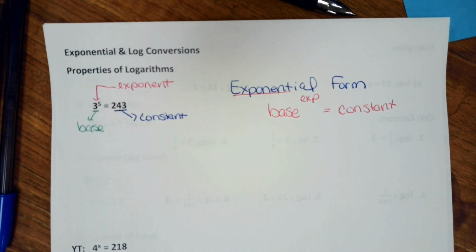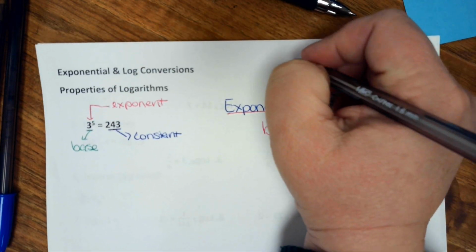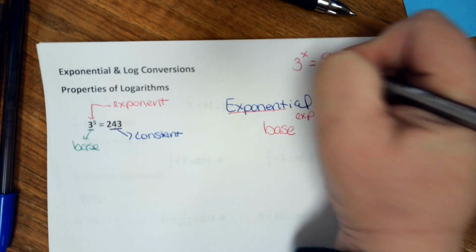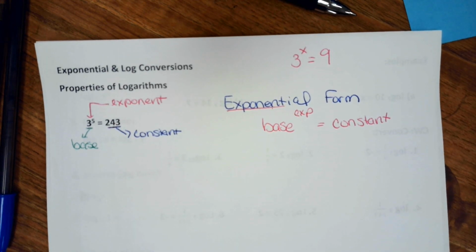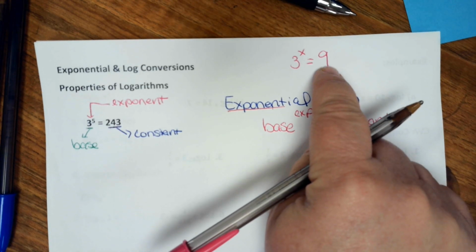Now, I know you're thinking, well, why do you have to change it to log form? All right, the reason why, if I gave you something like 3 to the x equals 9, you could easily look at that and say, oh, well, x is 2 because 3 squared is 9.